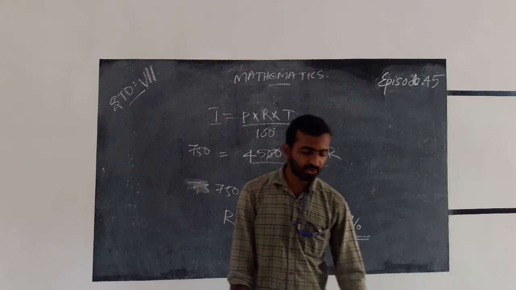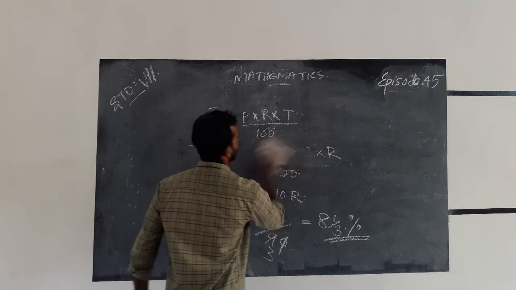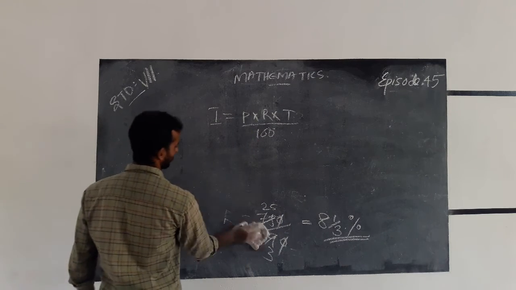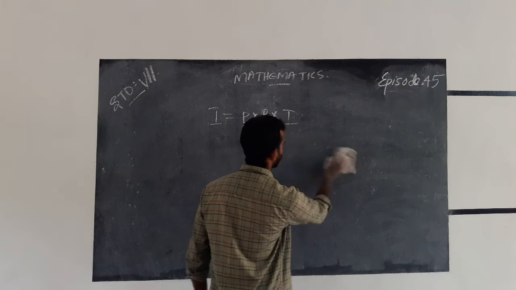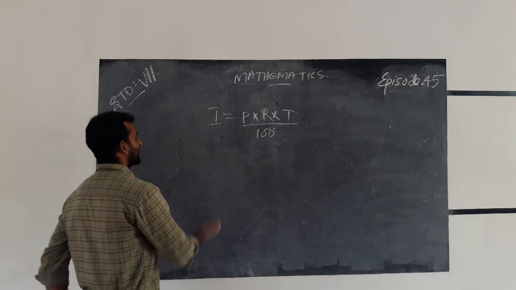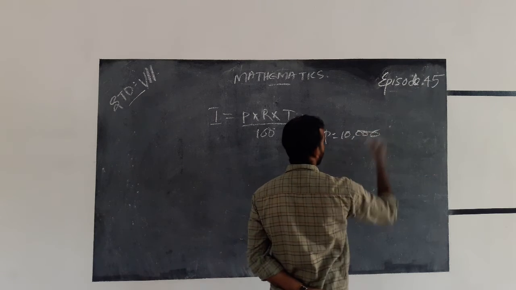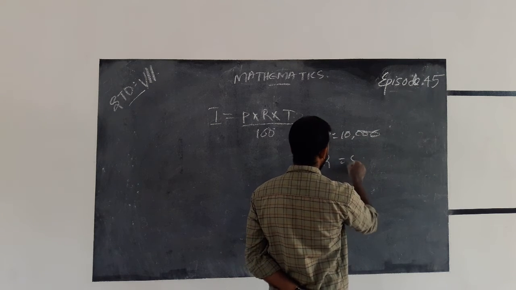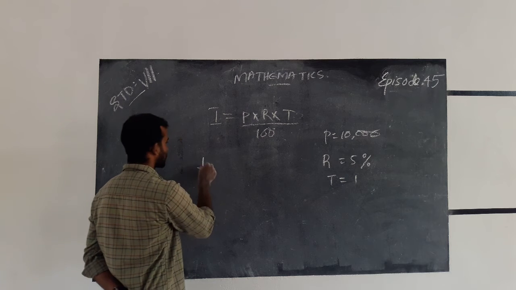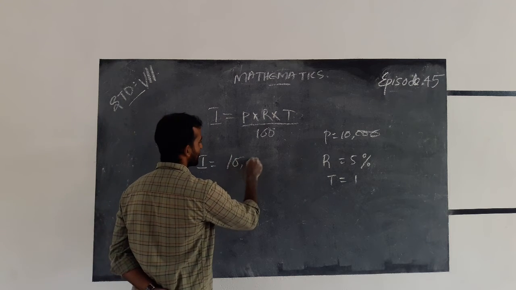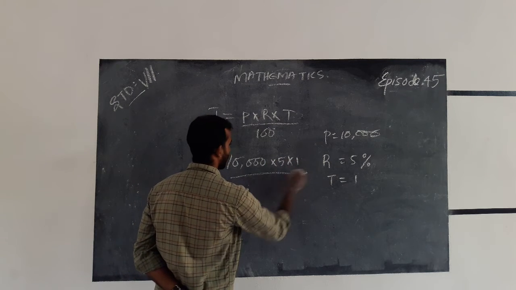Here P is 10,000, R is 5%, and T is 1. That is, interest is equal to 10,000 into 5 into 1 by 100.